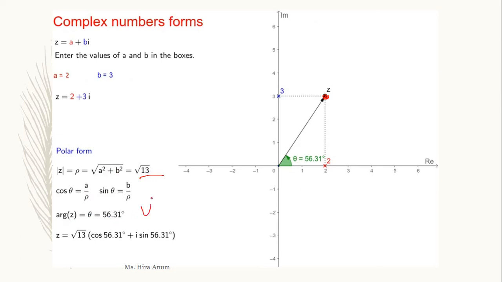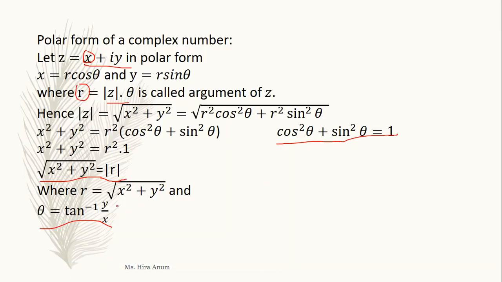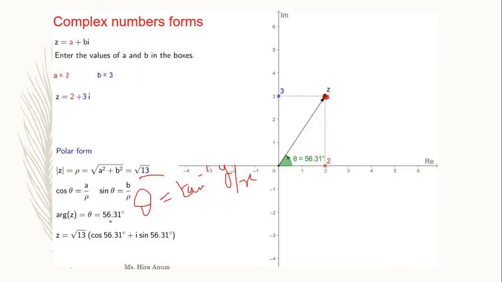This is also called theta equals tan inverse y over x. You can put the value of y equals b, so it becomes 3 over 2.